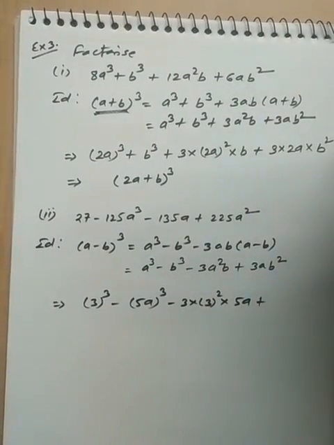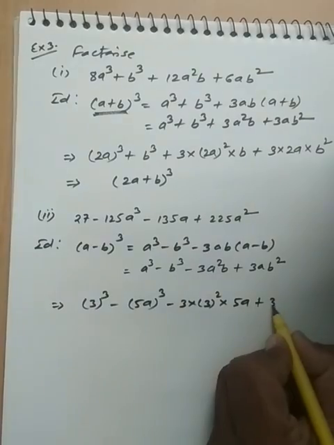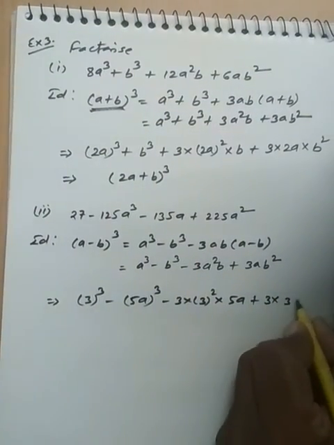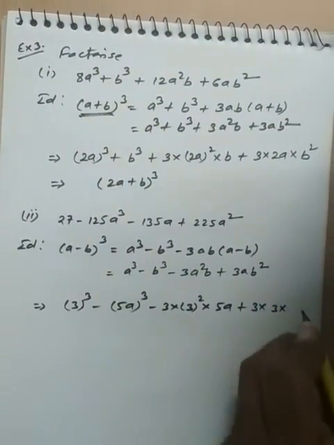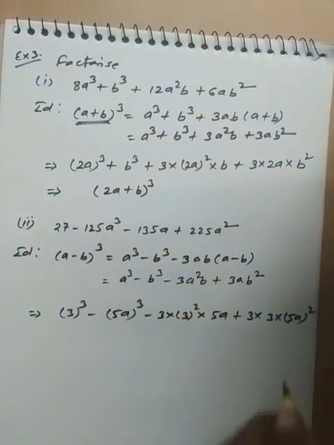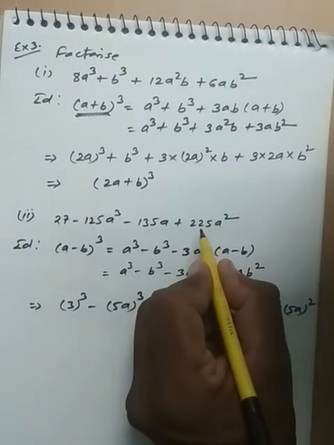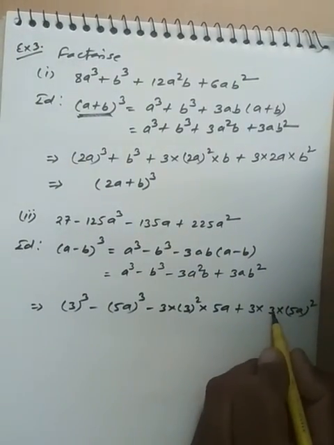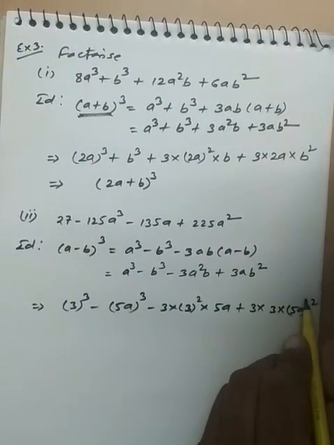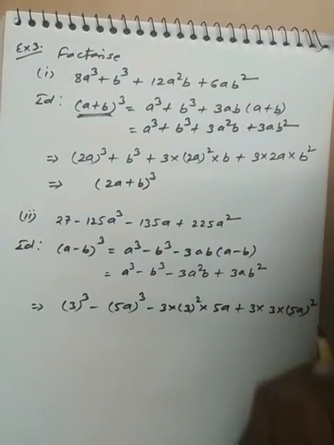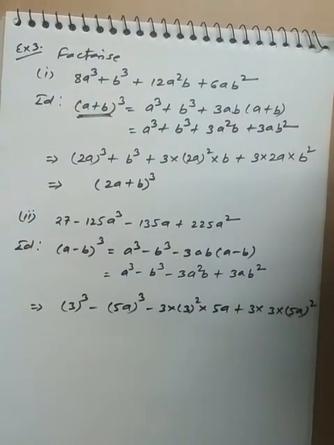Again plus 3ab square. In place of a 3, in place of b 5a, and its whole square, and it will be equivalent to 225a square. So 3 3s are 9 and 5 square is 25, and 25 into 9 is 225, and along with a square.